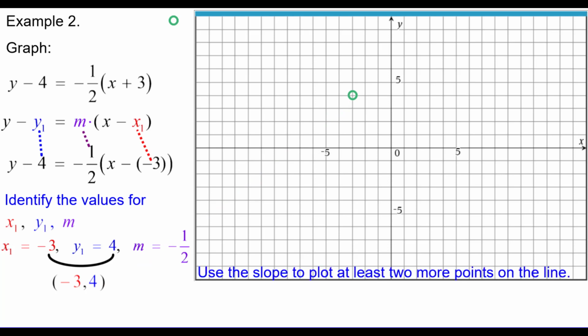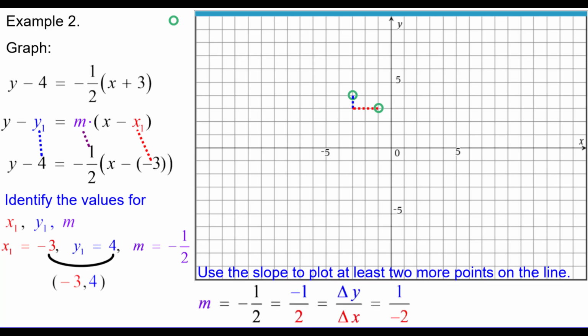And we can use the slope to plot at least 2 more points on the line. So pause as needed. Resume when you have those points plotted. I can think of negative 1/2 as negative 1 divided by positive 2, which would mean down 1, right 2, and there's a point.